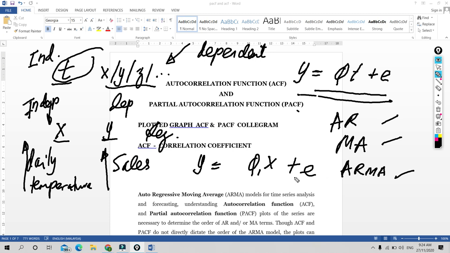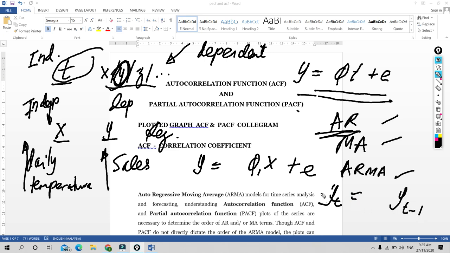So let's say I have data here, I can put Y or whatever. Let's say my data is Y. The dependent variable is Y, and the independent variable is also Y because we use AR model. AR model says that Yt depends on Yt minus 1.